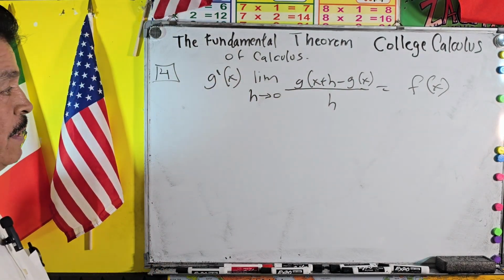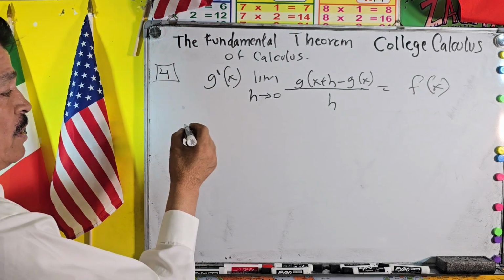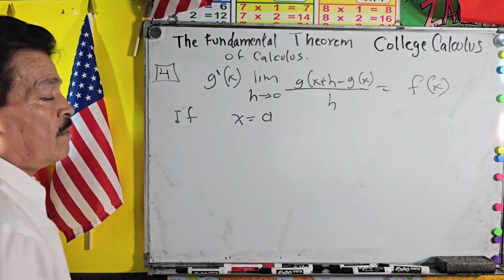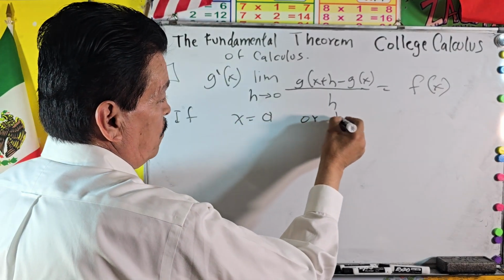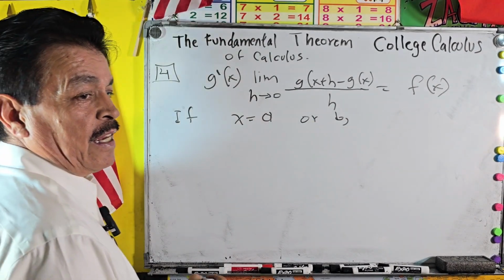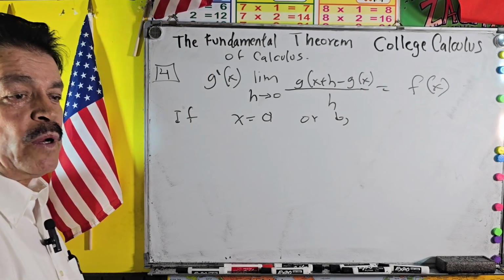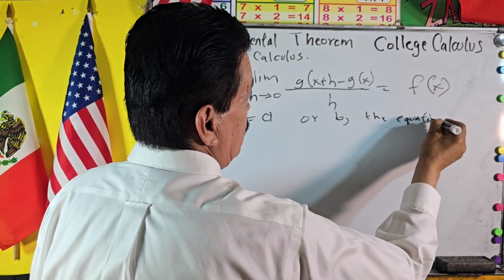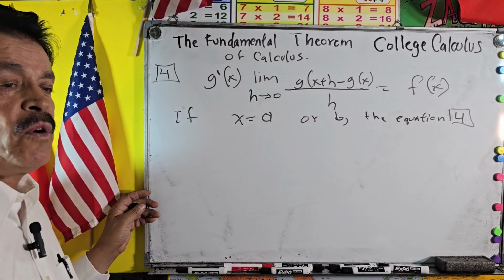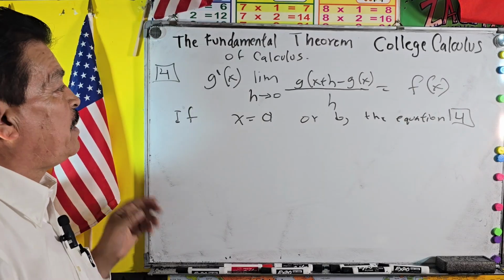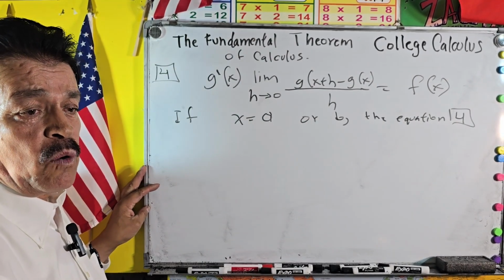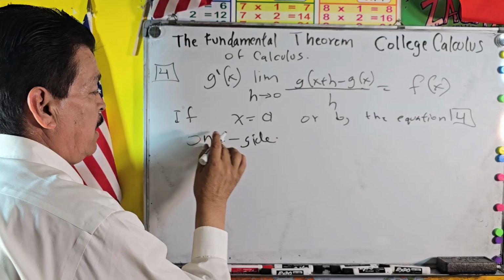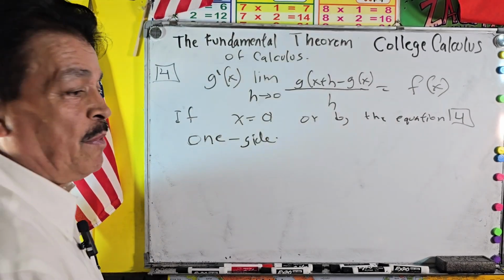Moreover, if for instance x equals a or b, the equation number 4 can be understood as a one-sided limit.